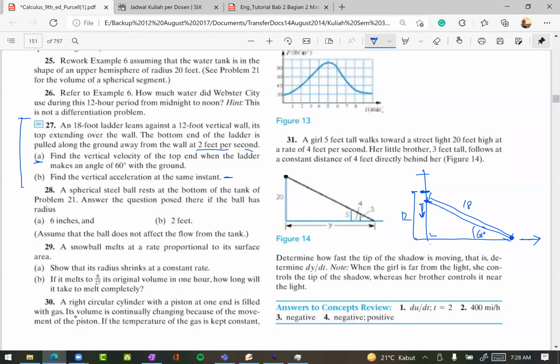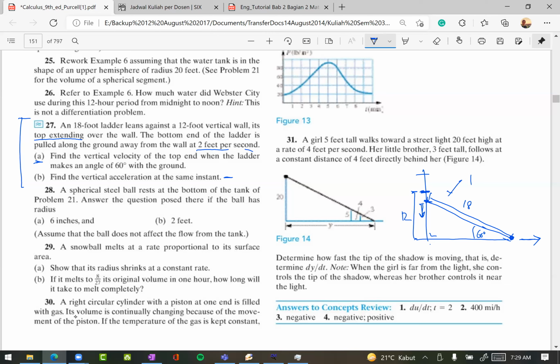No, let's see. Let's understand the problem here. Oh, sorry. I made a mistake here. Sorry. I was thinking the top of the ladder is leaning against the wall.